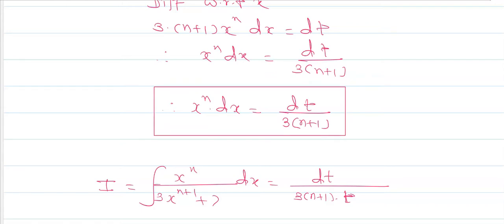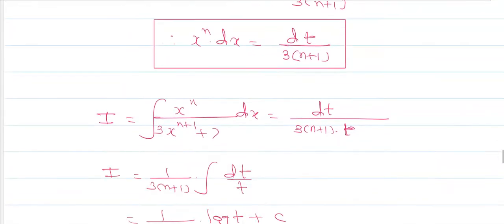Therefore, our integral I is equal to the integral of x raised to n upon 3x raised to n plus 1 plus 7, and this is the x raised to n into dx. This is the dt. Okay. And here is the integral sign, into t. This is the value of t here.